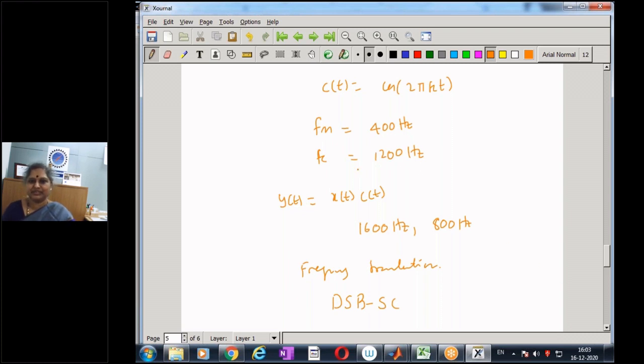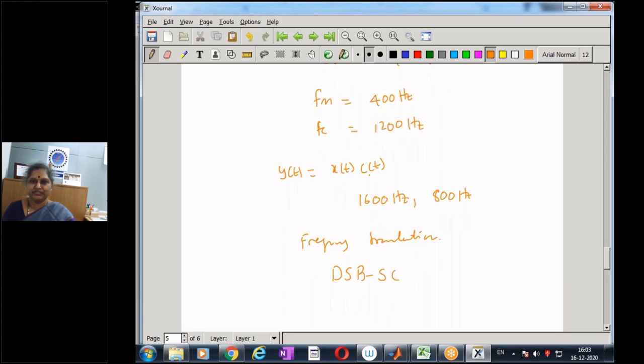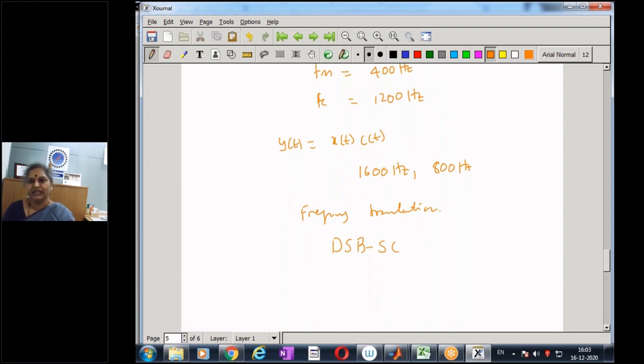We'll take a very simple example, a small extension of the earlier one, wherein instead of having just the product as y of t, as our next example, for the same frequencies, we shall now take y of t as the product plus the carrier also.